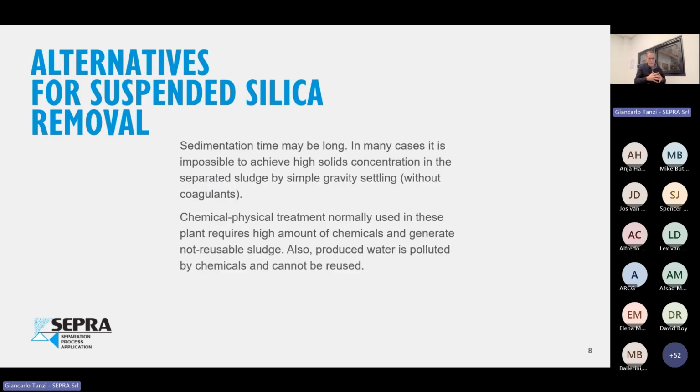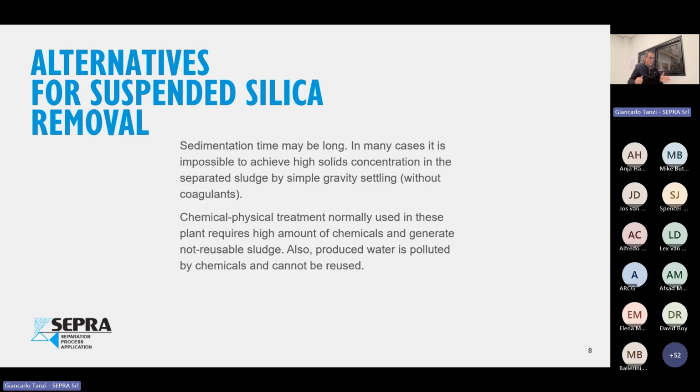This means that when we have this type of suspension, quite often the sedimentation time, even with particles that theoretically should have a high density, may be very long, and it's impossible to achieve real separation and concentration by simple gravity settling.